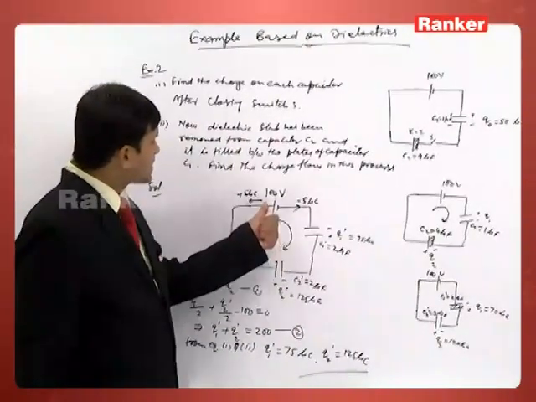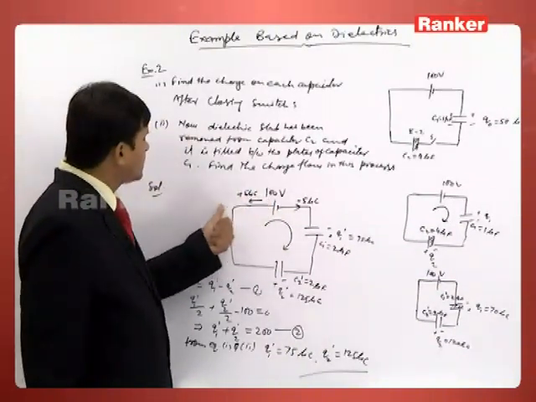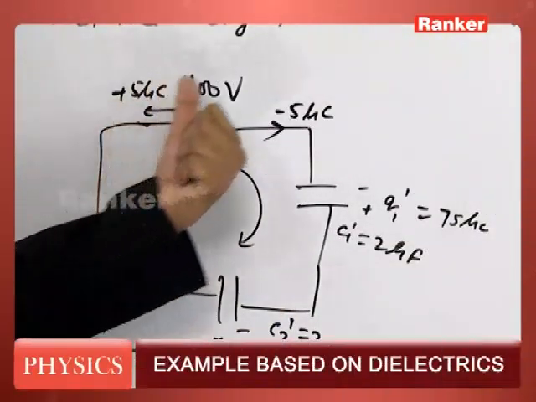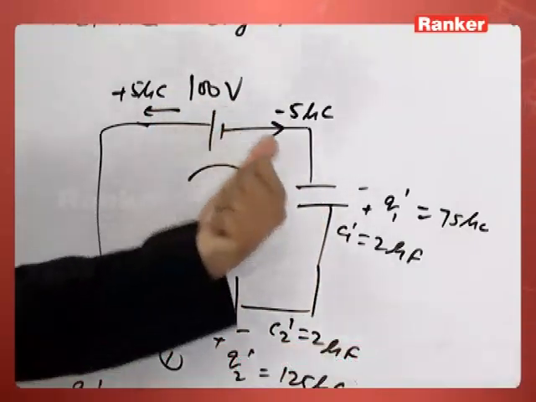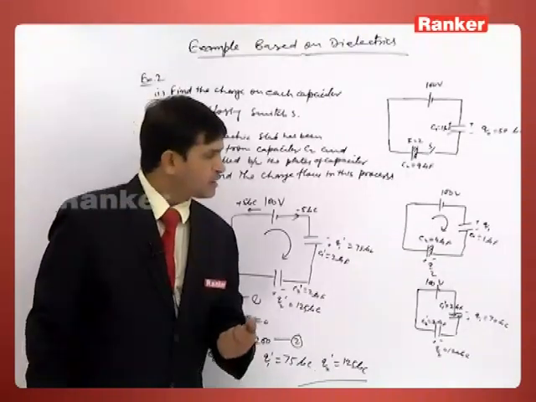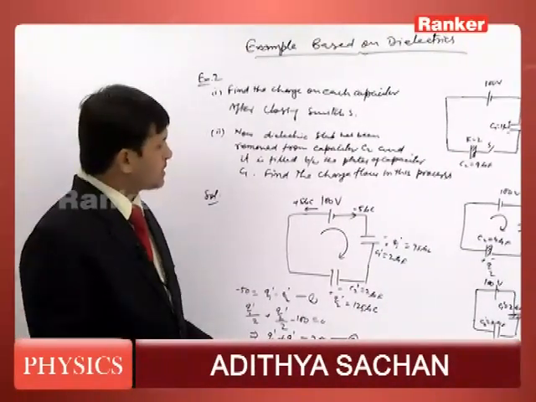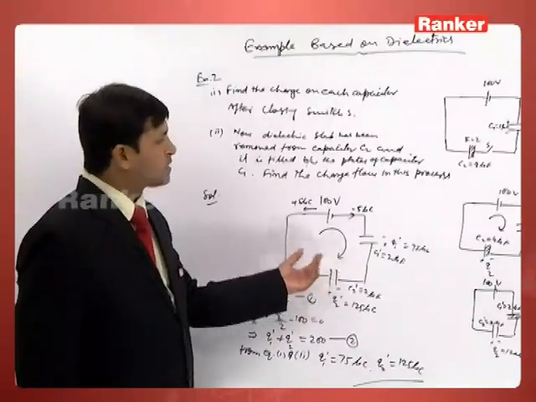Either plus 5 microcoulomb has flowed in the anti-clockwise direction, or we can say minus 5 microcoulomb has flowed in the clockwise direction. So this is the general idea about the effect of a dielectric between the plates of a capacitor.